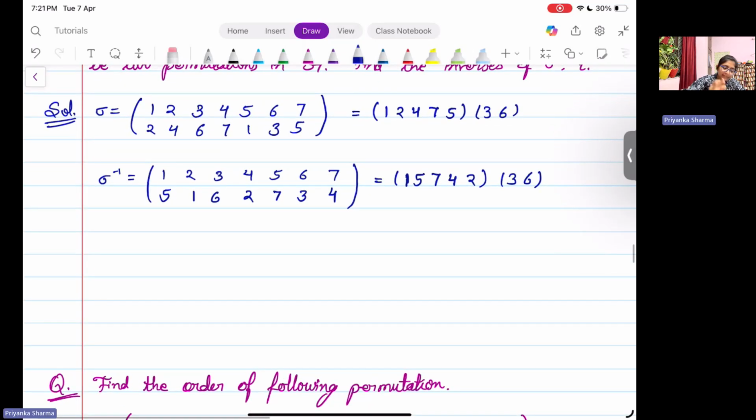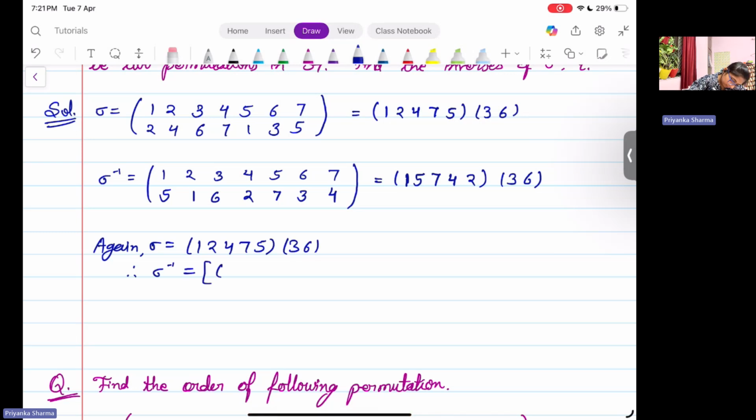So how to write this in cycle decomposition form? Again, sigma is (1, 2, 4, 7, 5)(3, 6). Therefore, sigma inverse will be the inverse of this.